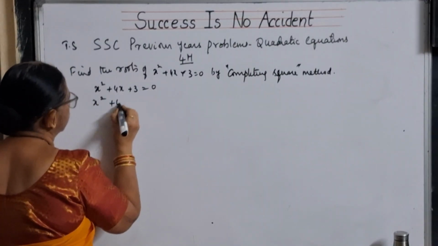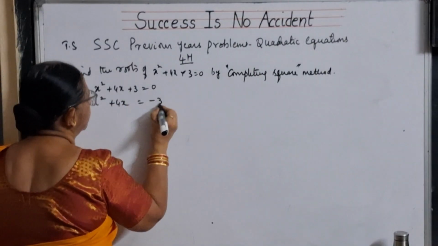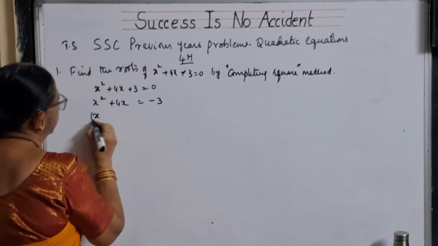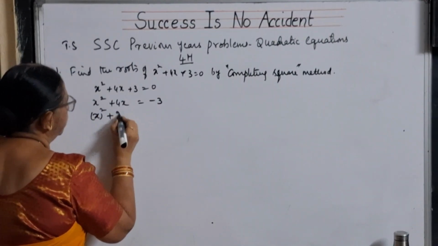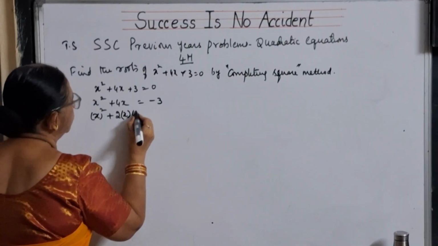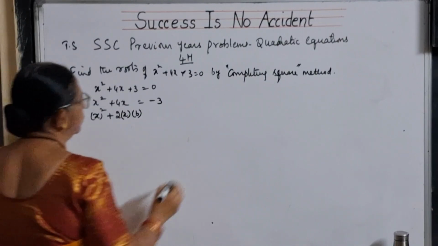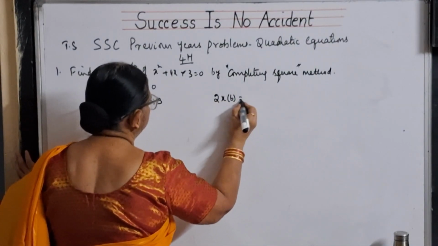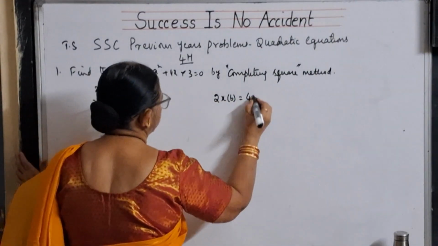So, write it as x square plus 4x is equal to minus 3. So, this is in the form of a whole square plus 2 into a, we know x, into b, we don't know. So we know that 2 into a into b is equal to 4x.